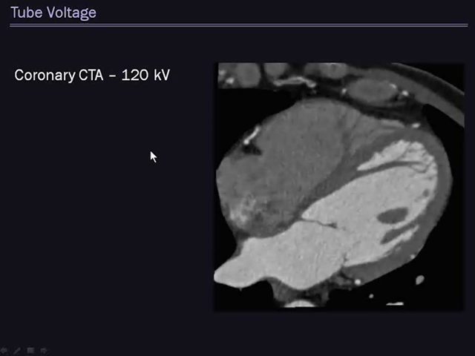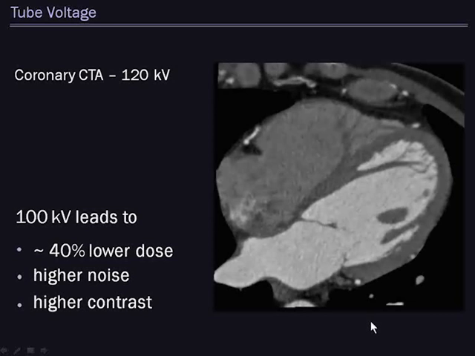Another very easy way of reducing radiation exposure is to move away from the standard 120 kV acquisition. That's just historical convention for image acquisition in coronary CT angiography. Here's a typical contrast-enhanced image, but it is just as well possible to use lower tube voltages.